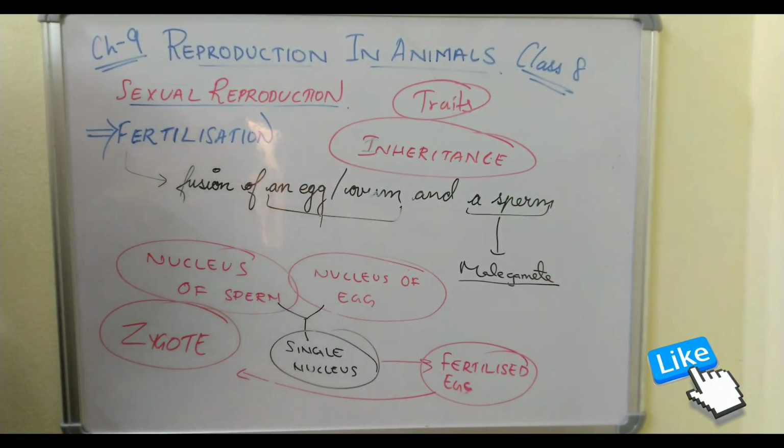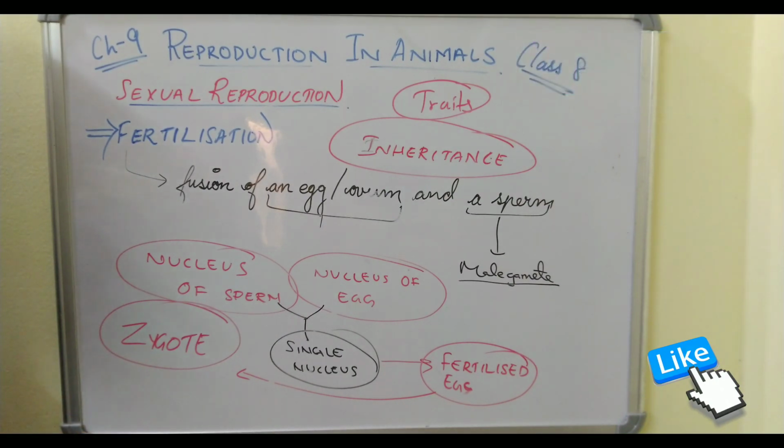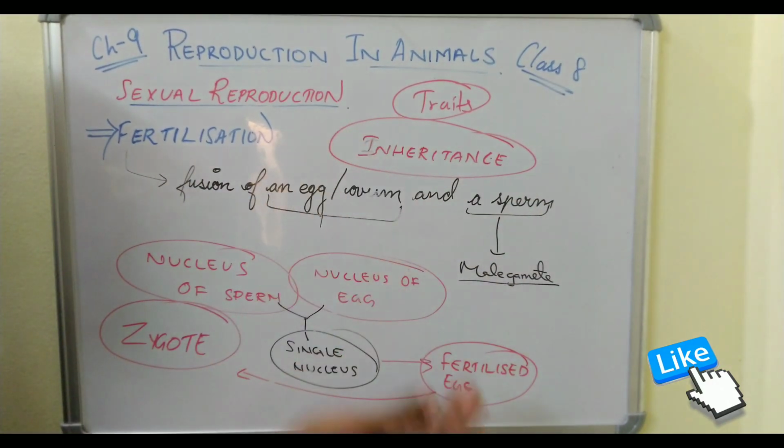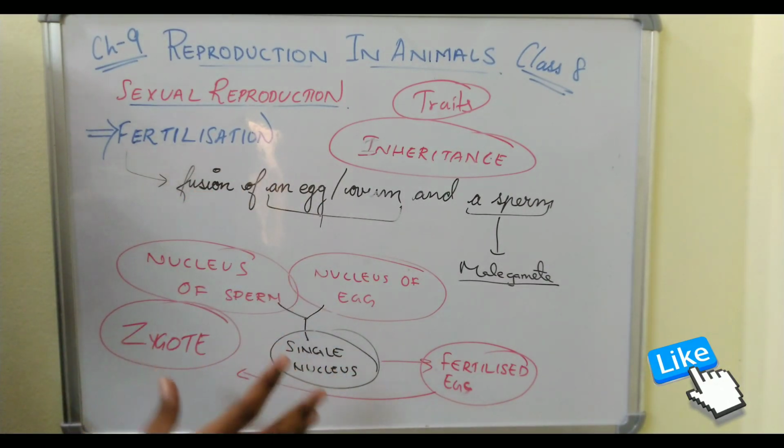That means the eyes or the shape of the face or something like that will be similar to the parents in the offspring. The new individual inherits some characteristics from the mother and some from the father. We can identify this in brothers or sisters. So inheritance also takes place: characteristics from the mother or from the father may be passed on to the offspring, or we can say the child.